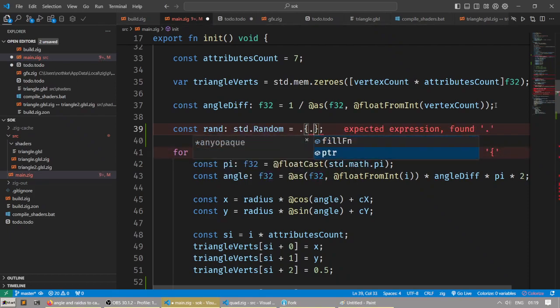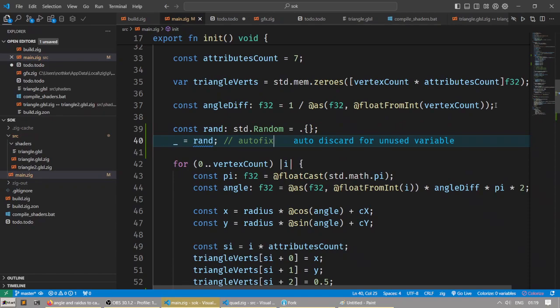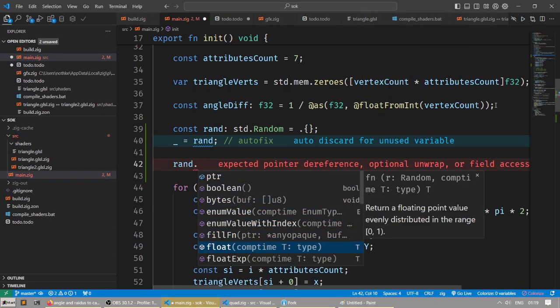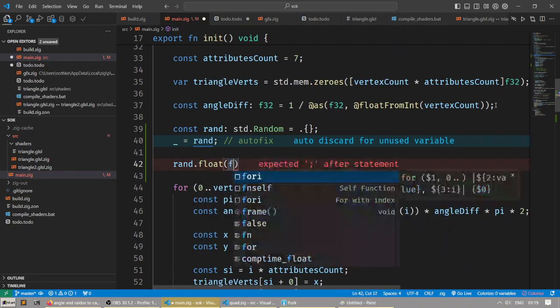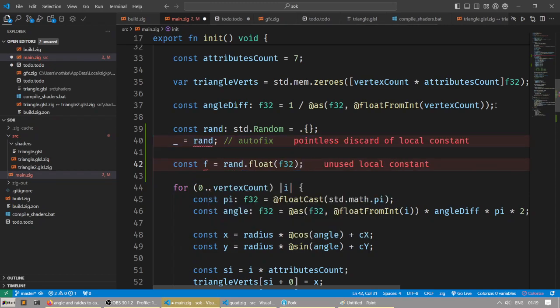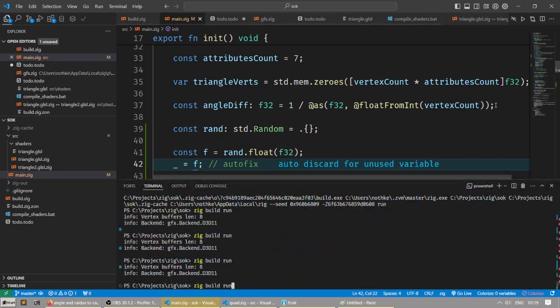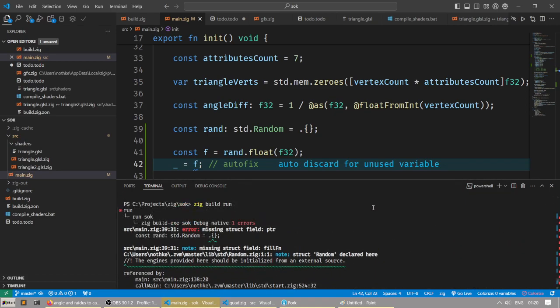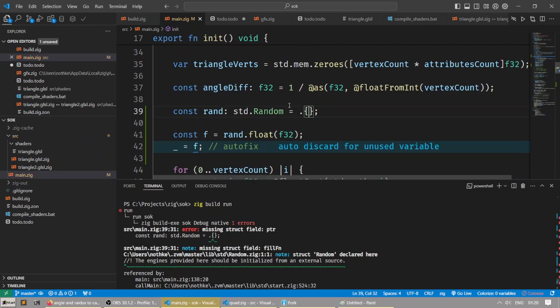And do I need to give it a size seed? No. What does it say? A rand float, but I think it changes the type, right? And it's not used. I think it changes the type, so it can't be a const. Missing struct field pointer. Okay. It does want a pointer.